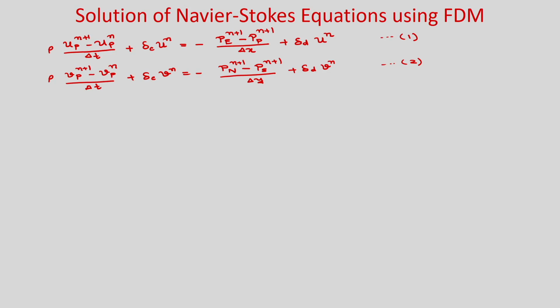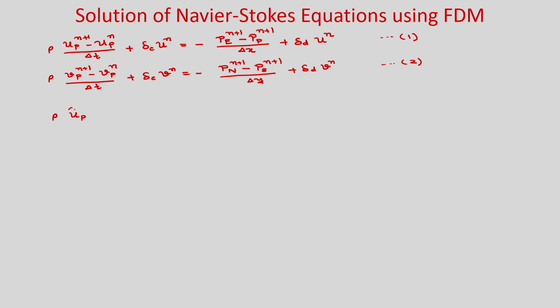So, we will find some provisional velocity or predicted velocity using the pressure value at previous time level n. So, if you write the equation, so we will write rho. So, now as we do not know the pressure at n plus 1, we will use pressure at n.